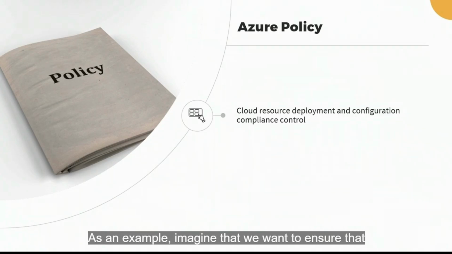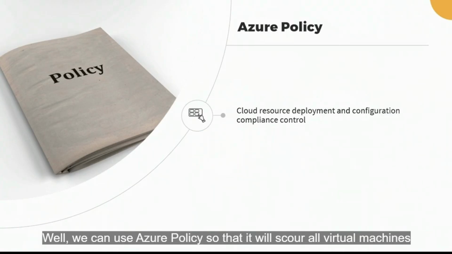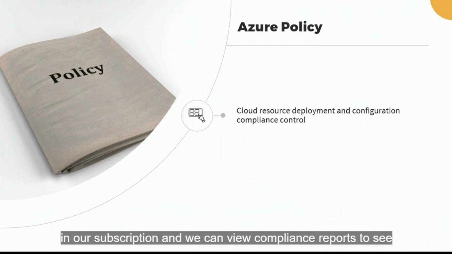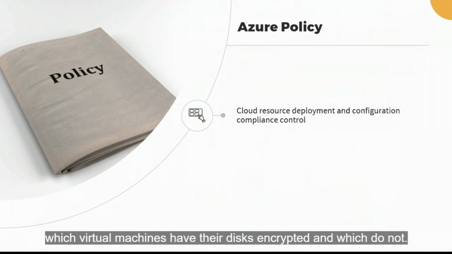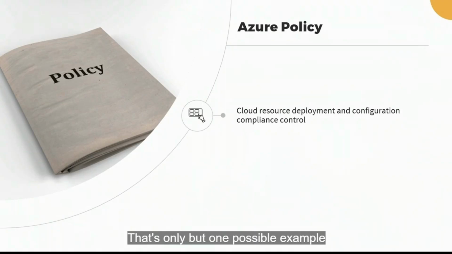As an example, imagine that we want to ensure that all virtual machine disks are encrypted. Well, we can use Azure Policy so that it will scour all virtual machines in our subscription, and we can view compliance reports to see which virtual machines have their disks encrypted and which do not. That's only one possible example of thousands of different policy configurations.